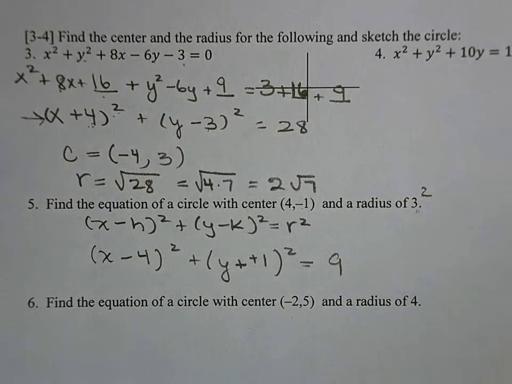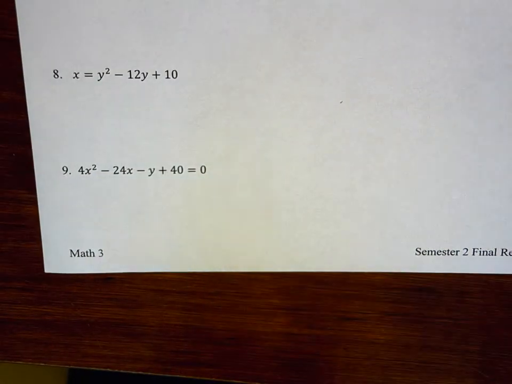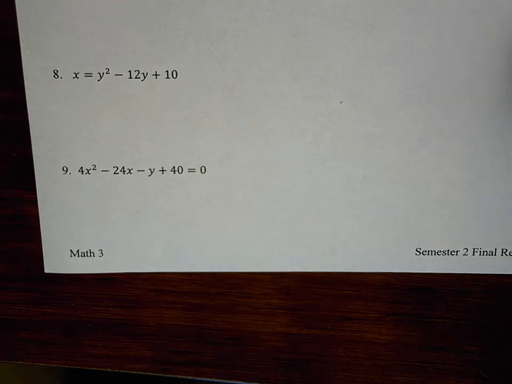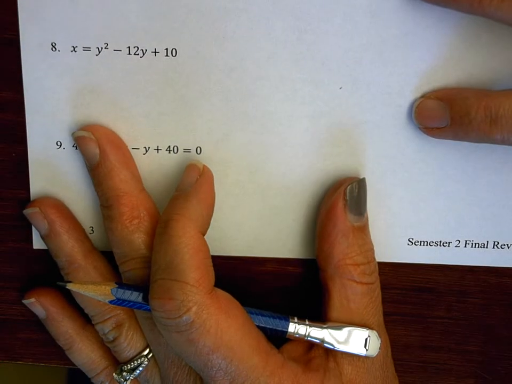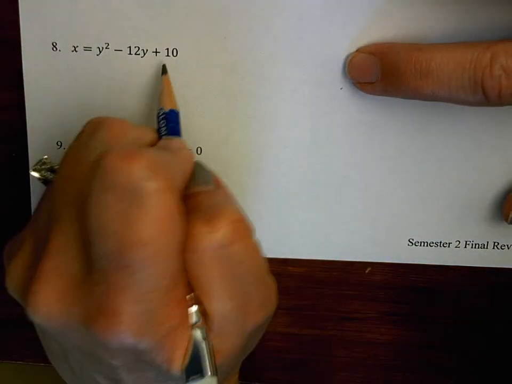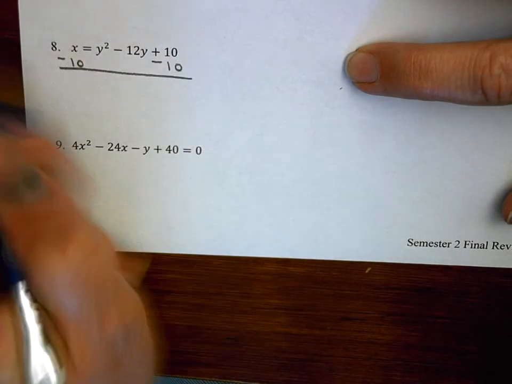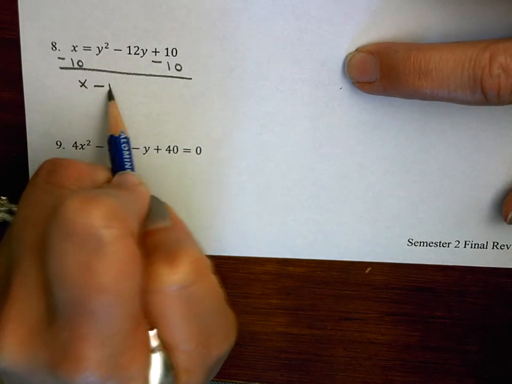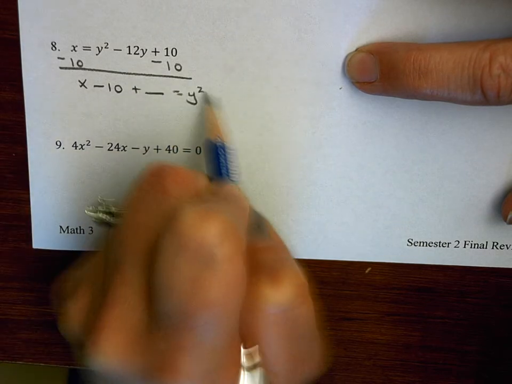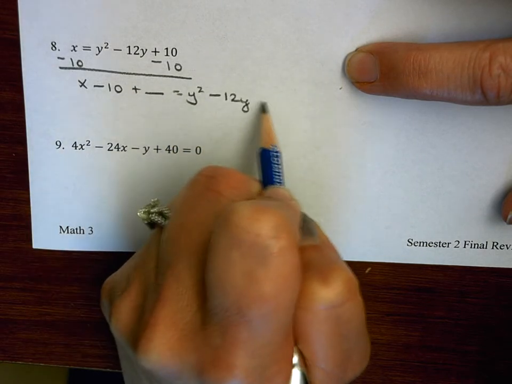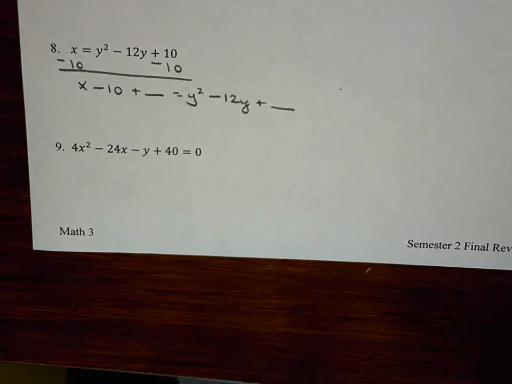And then let's take a look at number 8. So I want to put this into descriptive form, so I'm going to have to complete the square on this. So in order to do that, I'm going to subtract 10. And I'm going to put blanks in there because I know I need to complete the square.